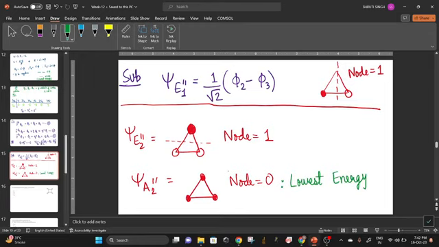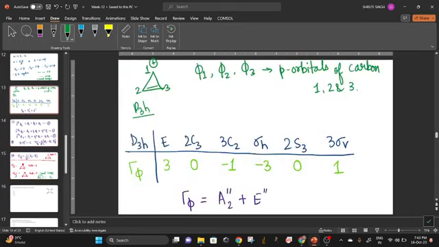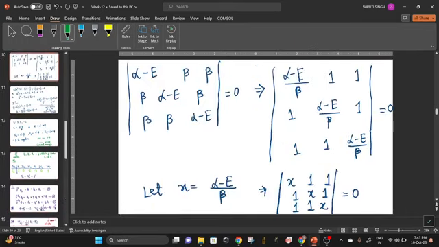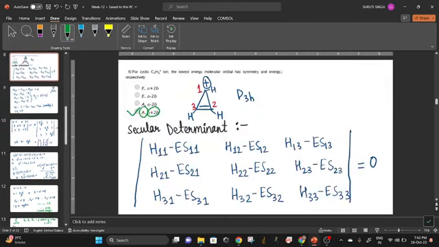Okay, so we have found that the lowest energy symmetry belongs to A2 double dash, or when we write in terms of molecular orbitals, we write it as A2. Hence, to answer this question completely, first we figured out the energy, which is A plus 2 beta, and the symmetry is A. So the answer is the fourth one here.